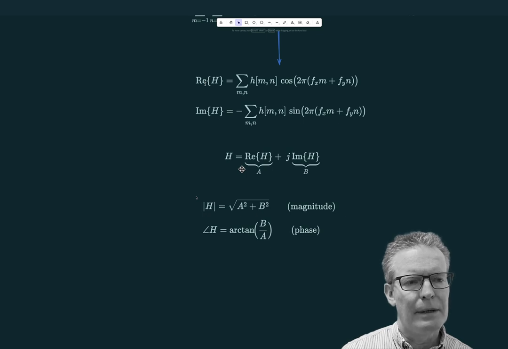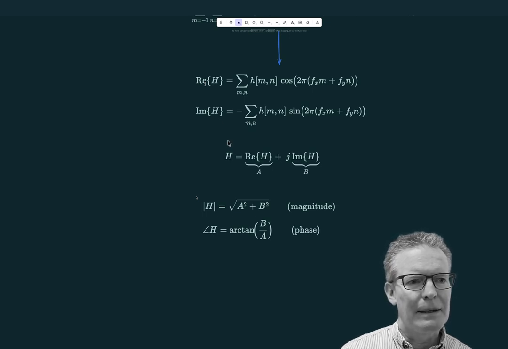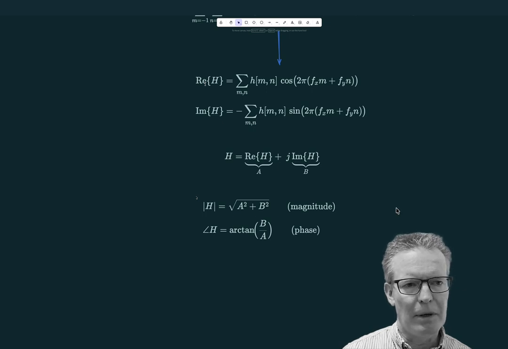There is one thing I have shoved under the carpet to a certain extent. You remember I told you that the frequency response H can be split in a real and an imaginary part. So the real part corresponding to the cosine terms, the imaginary part to the sine terms. And you remember from high school algebra, if you call the real part A and the imaginary part B, then the frequency response can be written as A plus jB, j being the imaginary unit.